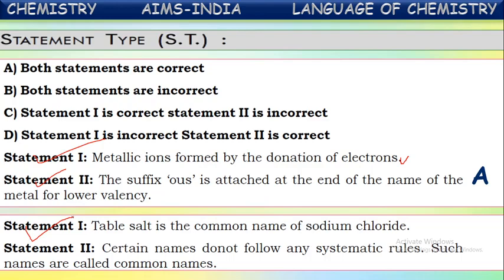So the second statement: certain names do not follow any systematic rules. Such names are called common names. Yes, some compounds have common names which do not follow any systematic rules. So they are called trivial names or common names. This is also a correct statement. So as both the statements are correct, the option will be A.